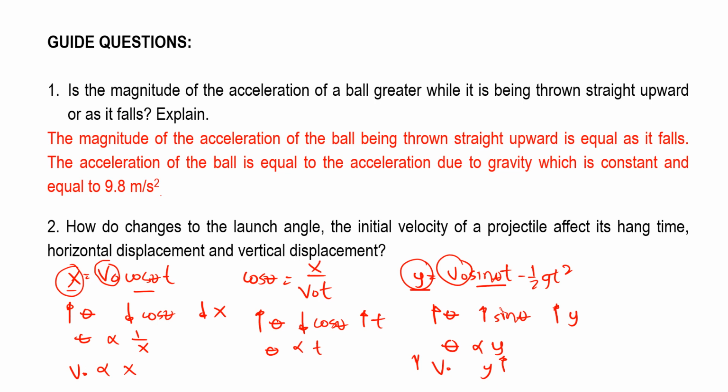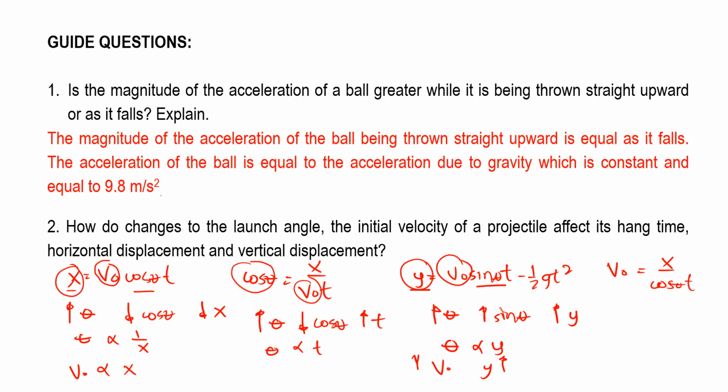For the initial velocity and time, we're going to use this equation. Here is cosine theta equals x over v naught t. In this case, we are actually relating time and initial velocity. If we compute for the initial velocity from this formula, initial velocity is equal to x over cosine theta multiplied by time.